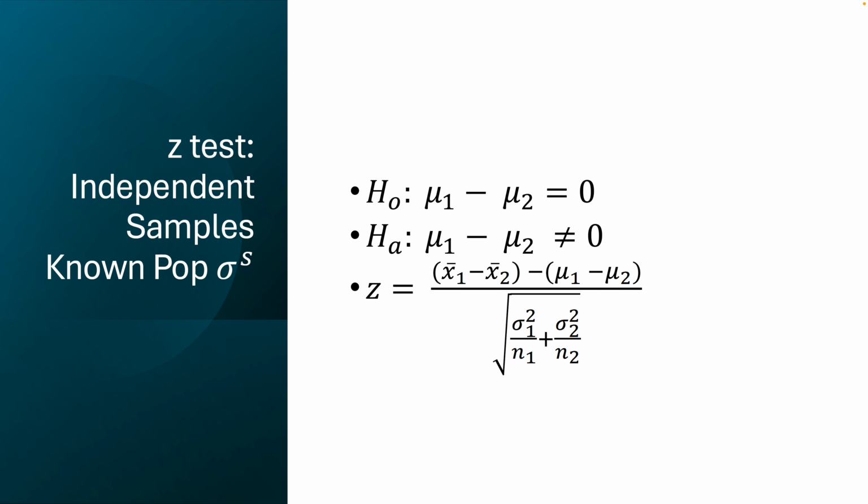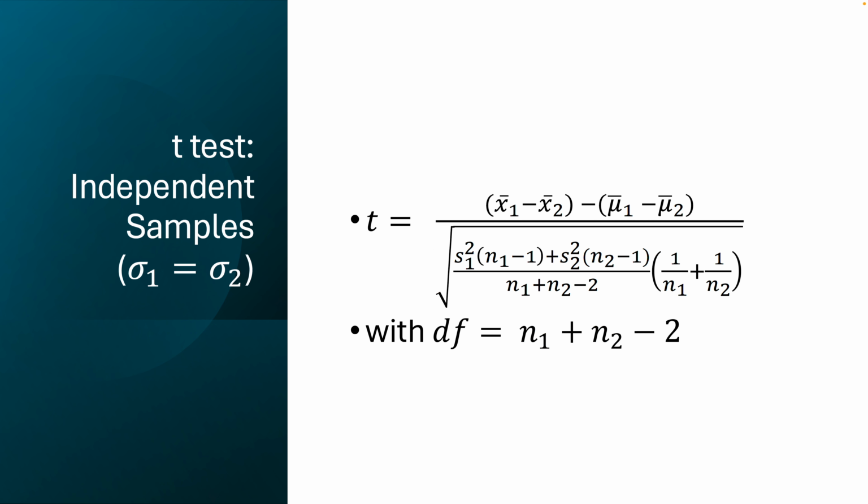Now we look at a scenario when we do not know the values of the population standard deviations. In that case, we will use the t-test. We may not necessarily know the population variances, but we will have to make assumptions about the nature of these population standard deviations.